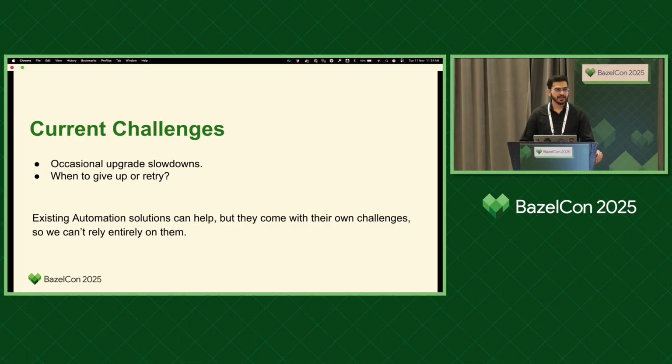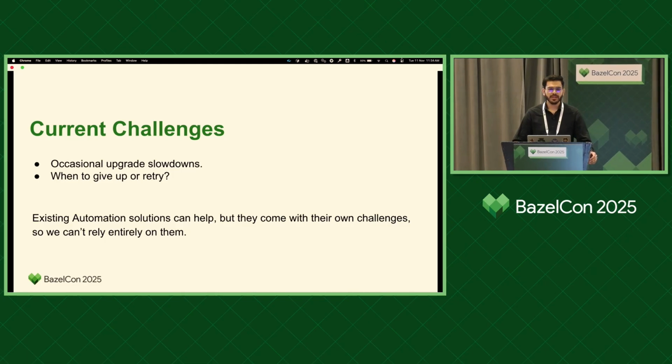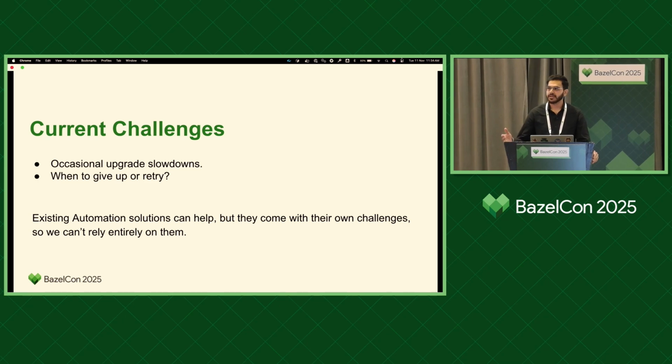The second challenge is that the automation doesn't know when to give up or retry. I will explain this using a very simple example. Let's say there is a pull request to upgrade some dependencies, and there is a build failure. There can be several reasons for that failure. The most common error, which most of you have seen as well, is a test failure. In that case, ideally automation should just give up on that upgrade.